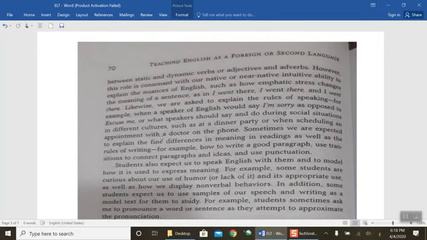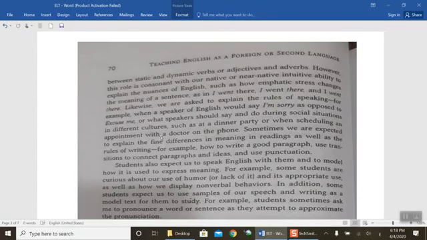In English, for example, it is okay to say put yourself in my shoes. In Arabic it means put yourself in my shoes literally. We need to tell the students that in this culture, in English-speaking culture, it's okay to say put yourself in my shoes.